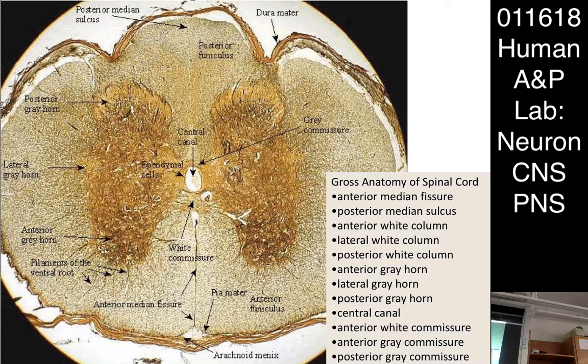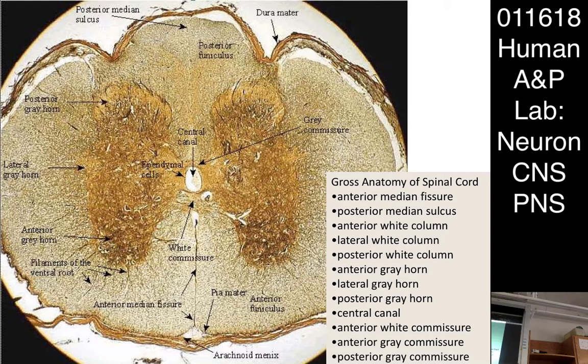Now, the anterior portion, if you're thinking about the spinal column, is actually deep, right? So outside world, the nearest exit is that way, posterior. That's the ridge that you can feel. This is anterior. There is this anterior median fissure that comes down this way, so the tissue on either side does not communicate.